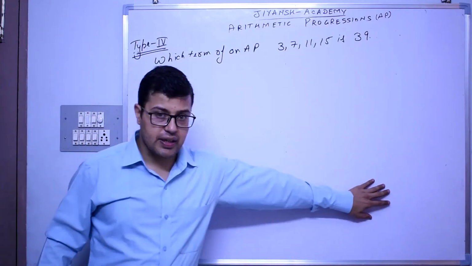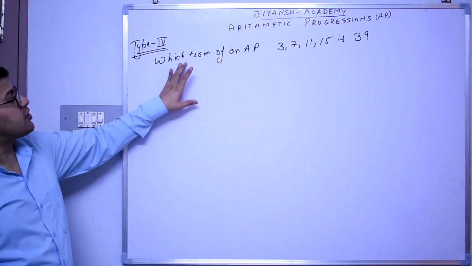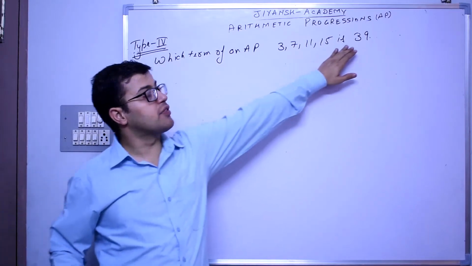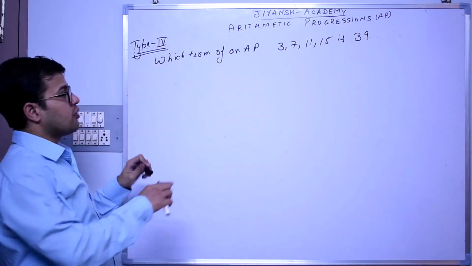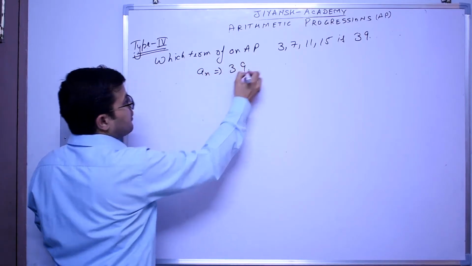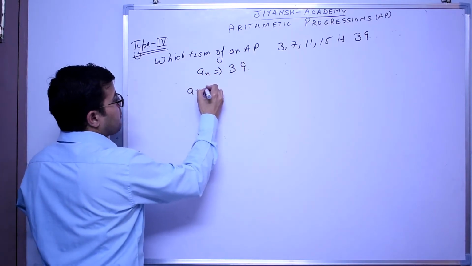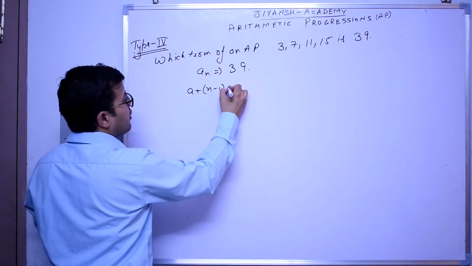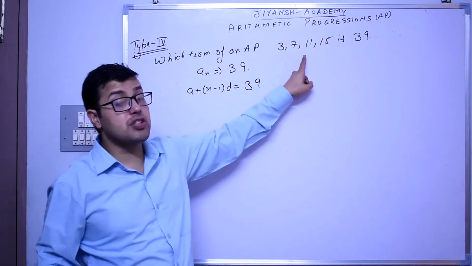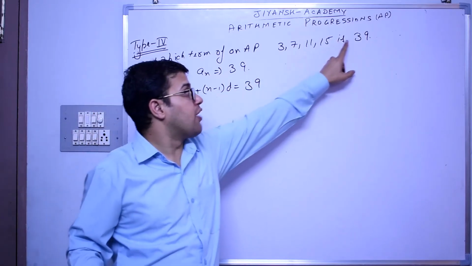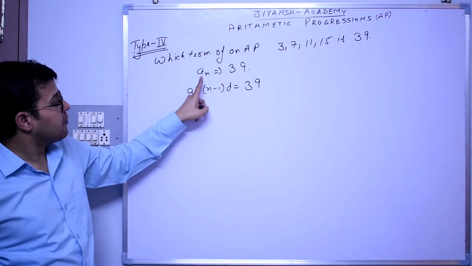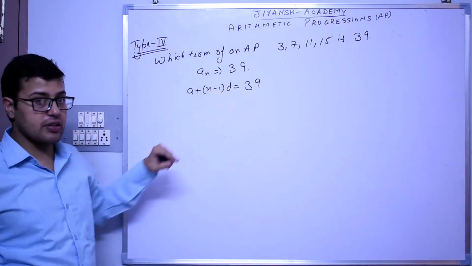After the three types, the fourth type is which term of an AP is 39. Now I don't know which term of the AP it is. So again, I'll take it as An is 39. So A plus n minus 1 into D should be 39, because I don't know which value of n it is, so I will take it as the general term. That general term is 39. So A plus n minus 1 into D is 39.